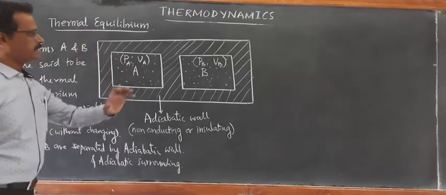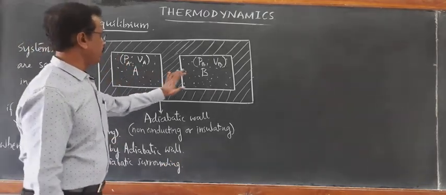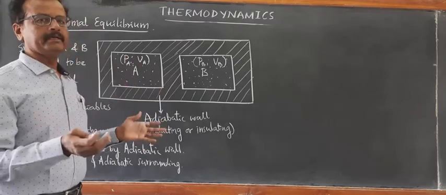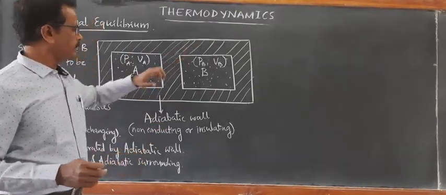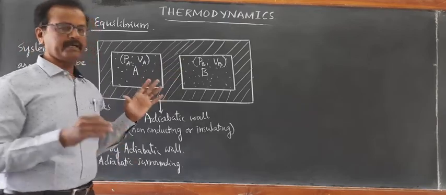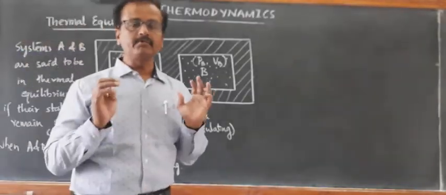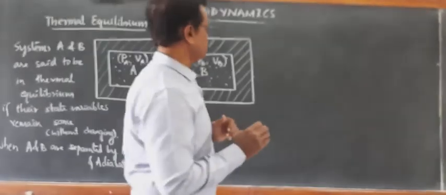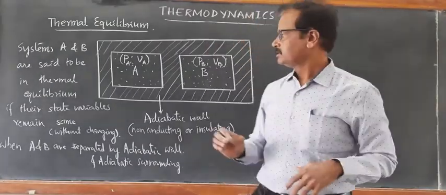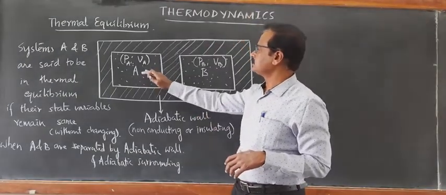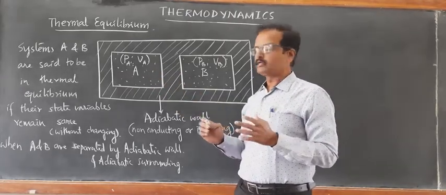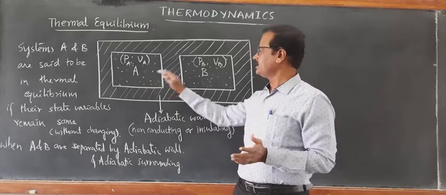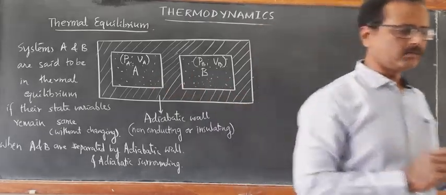Now let us see another case where systems A and B are surrounded by an adiabatic surrounding, but A and B are separated by a conducting wall. A conducting wall is called a diathermic wall. Then you will find that there will be a change in their pressure and volume because of exchange of heat.